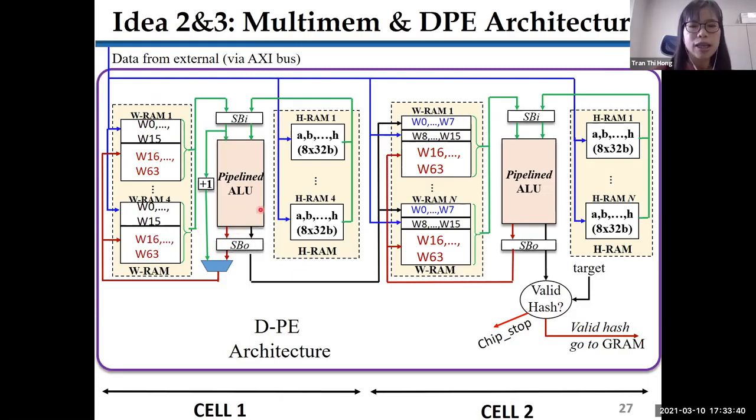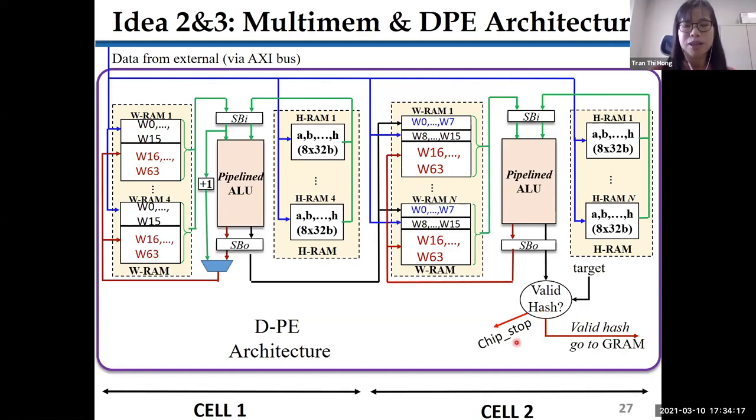Yeah, and inside the cell 1 here, we have a circuit we call the nonce auto update. It can automatically update the nonce value, so that each DPE can repeatedly calculate the hash function by changing the nonce value. And then in the cell 2, after they get the result, there is a circuit to check the hash value, to check whether the hash value meets the final target or not yet.